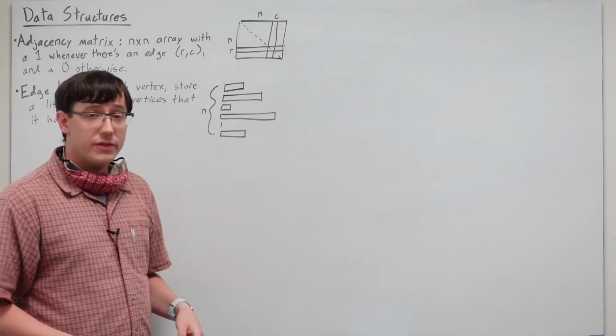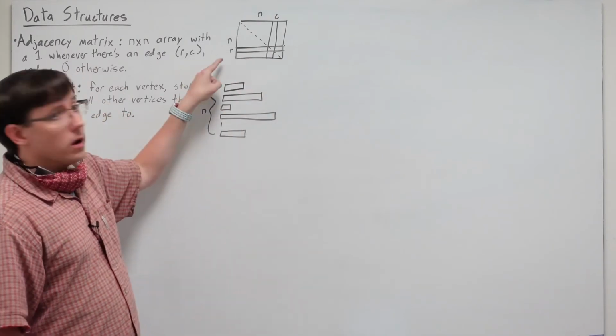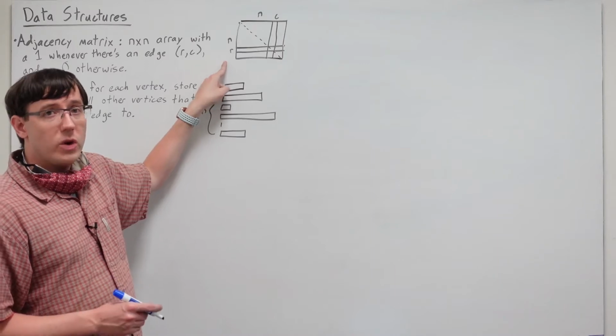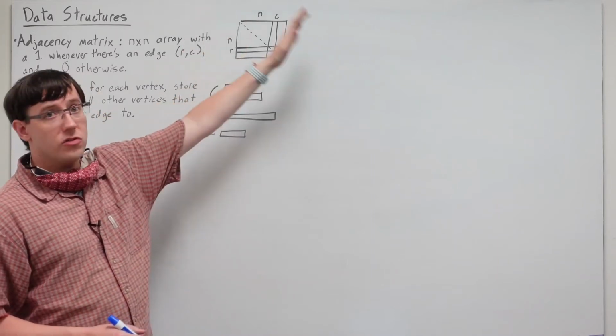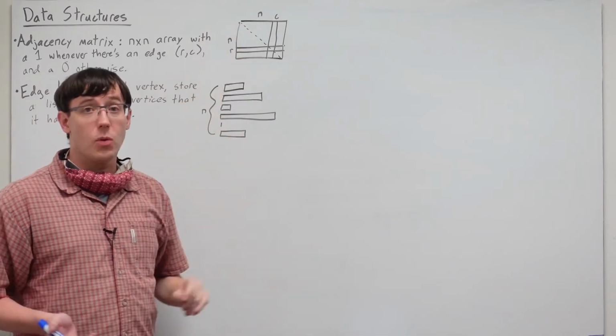So if we think about the size of each of these data structures, for the adjacency matrix, we need big O of n squared space, because for every pair of vertices, we have a 1 or a 0.